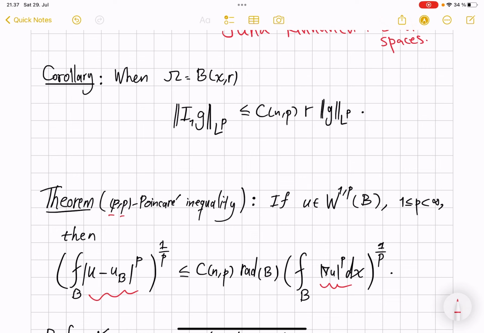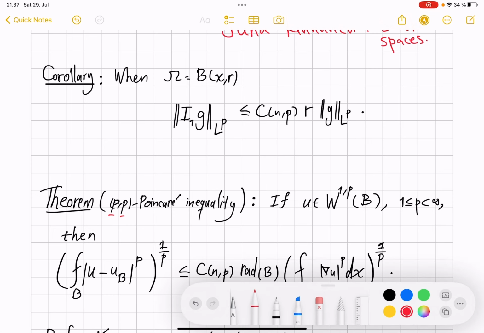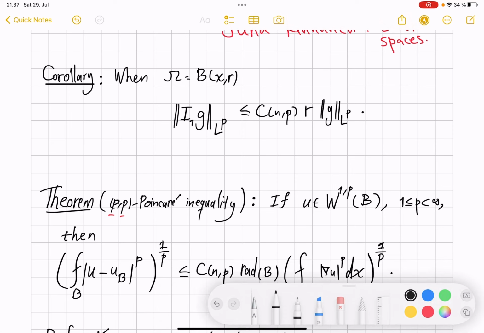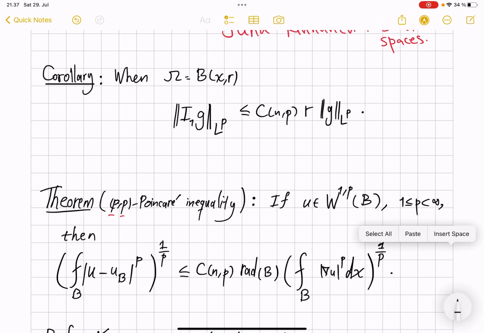You could have different factors q and p here, then it will be a (q,p) Poincaré inequality. So this is one of the significant inequalities. Remember, we talked about what makes Sobolev functions special, and one of the items was that they do satisfy inequalities of this sort. Also, the Sobolev inequality when the domain is all of R^n. We will talk about that one in the next video.